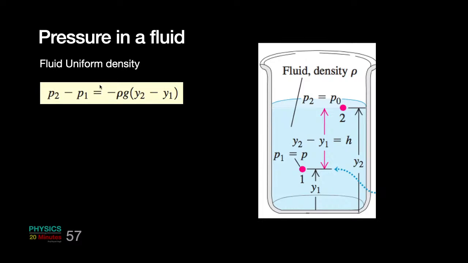This is a very easy calculation or derivation, and if you think more you can do it, so I'm not doing it. Typically this difference in the y coordinate can be written as h, and therefore it can also be written as rho gh. So P is equal to P0 plus rho gh.